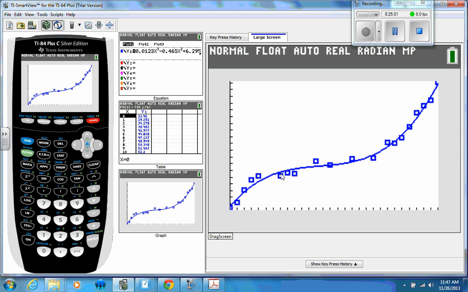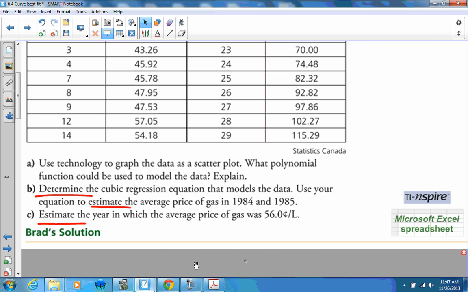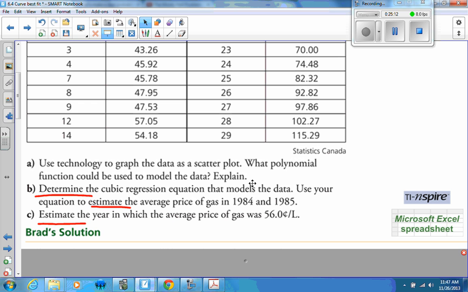So that's part A. In part A, we made a scatter plot. We decided it was a cubic function. We determined the cubic regression equation that models that data.